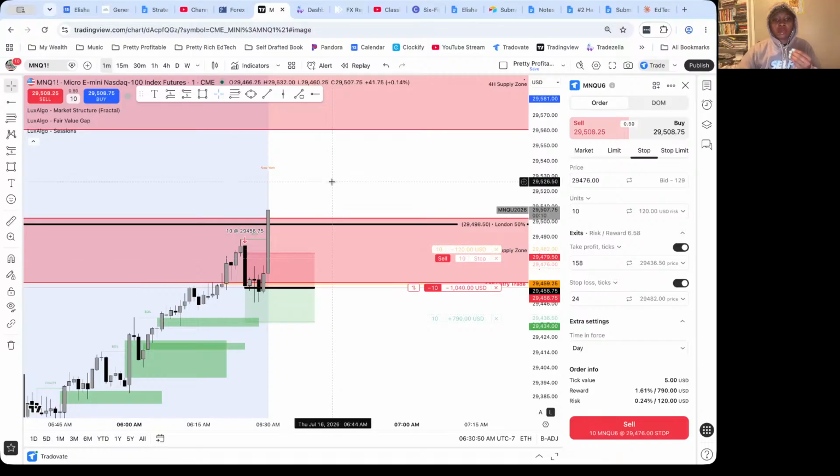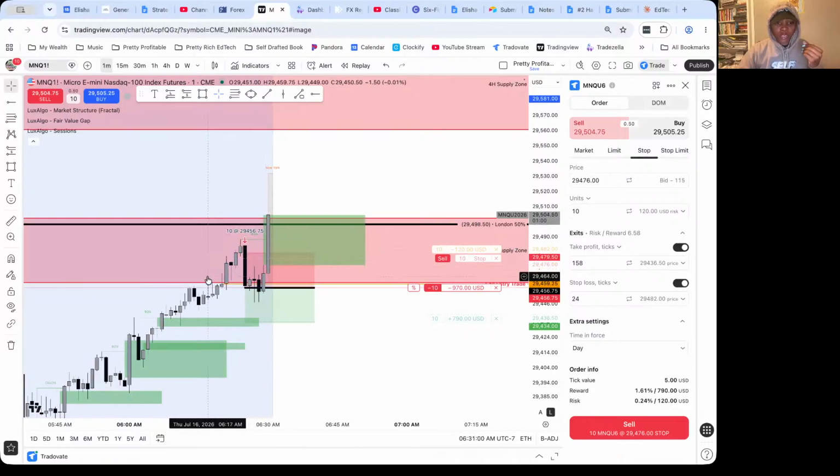So the learning opportunity is that what would make this supply zone invalid, and not something I should take a trade off of, is if the candle closes through it and above it.